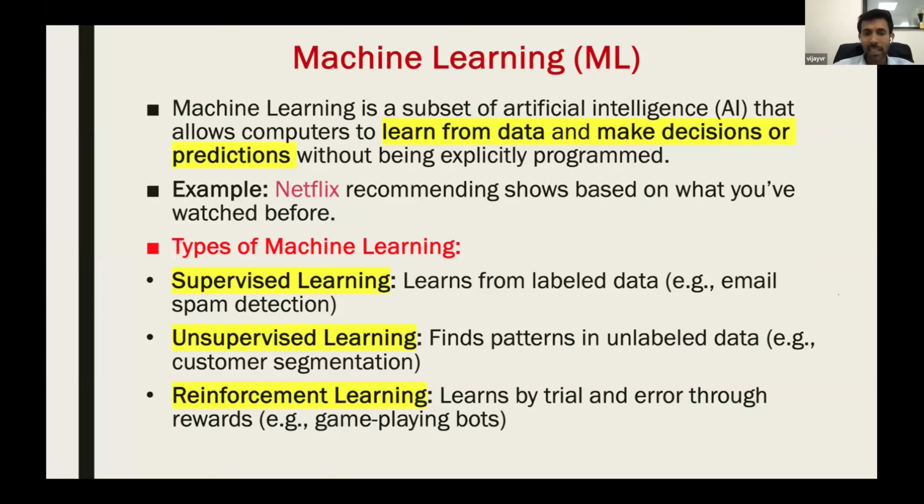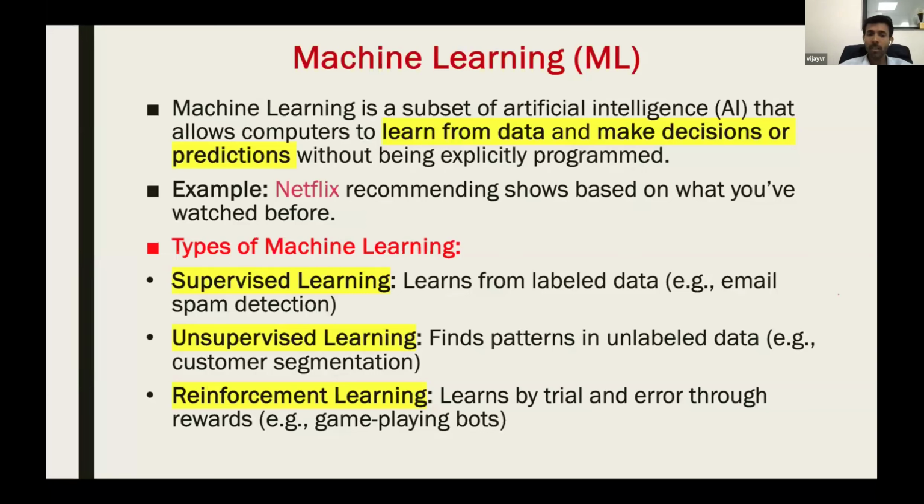Based on that given data, the machine learning will try to prevent all the messages which come from that particular number by identifying it as spam. That is an example of supervised learning. Whereas unsupervised learning finds patterns in unlabeled data. For example, customer segmentation. You may not be giving data from your search history or your pattern. The machine will automatically identify it and start to give you the outputs as you wish.